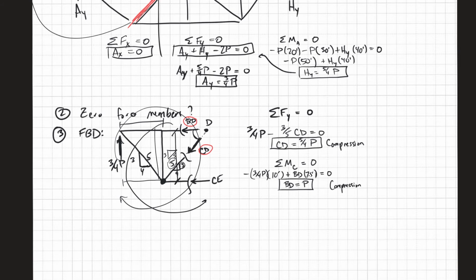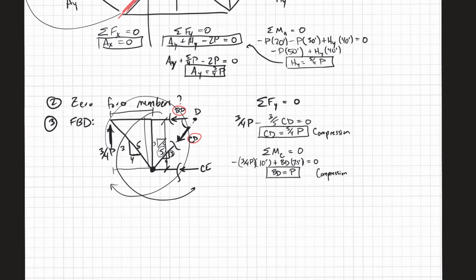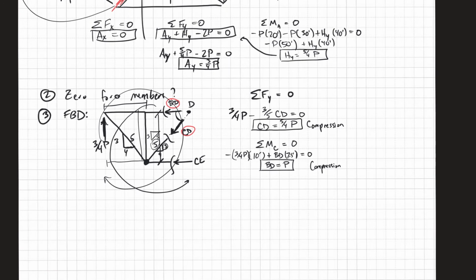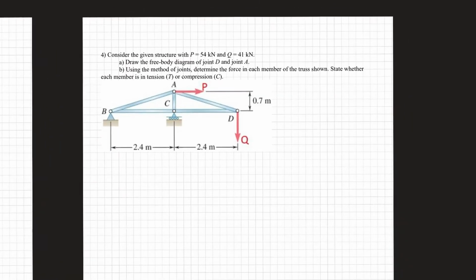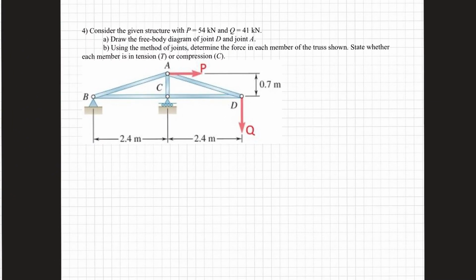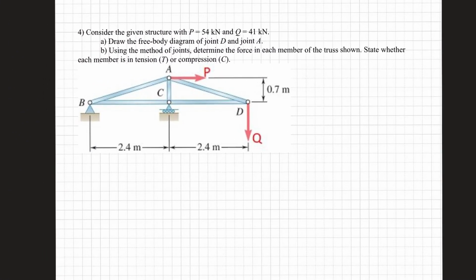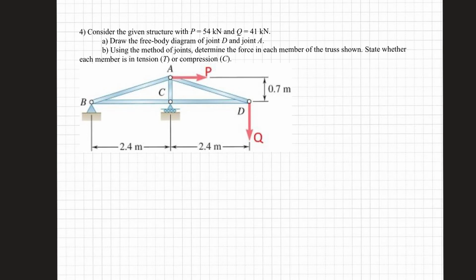All right, let's see. Okay, let's go to the last number. Okay, again, I'm going to solve it with the variables and not with anything else. Okay, so consider the structure. We've got P and we've got Q. Okay, draw the free body diagram of joint D and joint A. Okay, joint D looks like this.